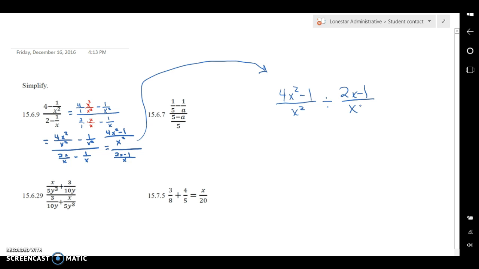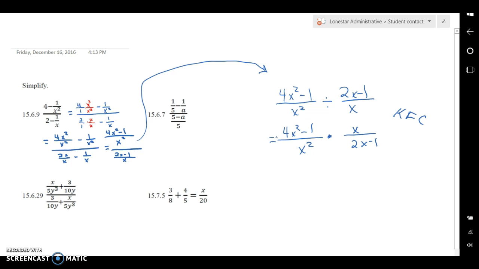So you rewrite it long ways, and then you use KFC to change your division problem into a multiplication problem. You keep the first term, you flip the second term, and then division changes to multiplication. Keep, flip, change.